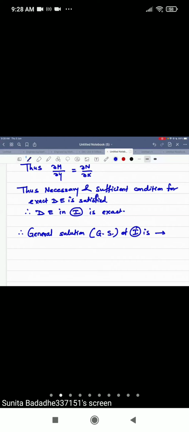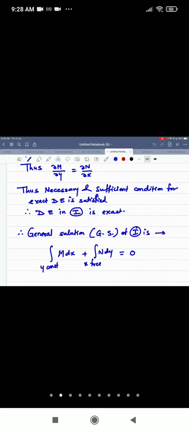Can anybody tell me the formula for the solution of an exact differential equation? It is integral M dx, treating y as a constant, plus integral of the terms of N dy free from x, equal to c.